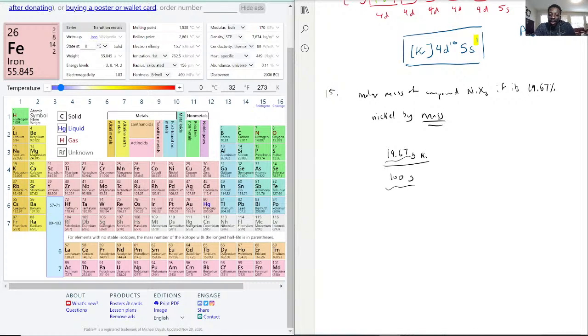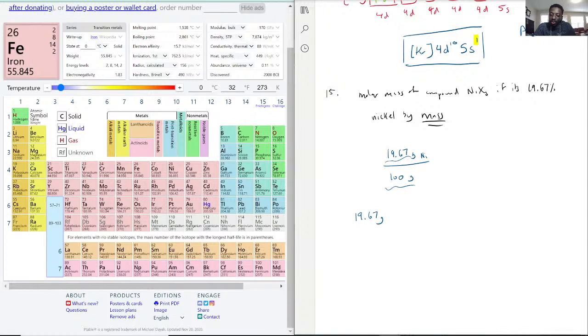So to be able to find the molar mass of the whole compound, what we first have to do is understand, how do I put this, we actually start with the nickel. So we would convert that to moles. This is the theoretical number. So we have 19.67 grams, and then we want to convert it to moles.